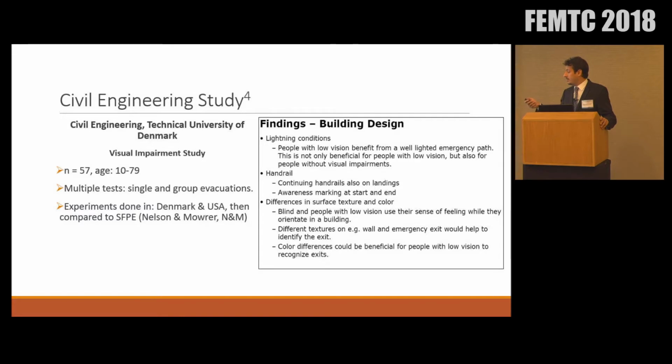And they also suggested things like handrails that continue into the landings themselves and having markings at the beginning or the end of the handrail. And for the surface, they suggested a surface texture difference between an evacuation path and a normal path.